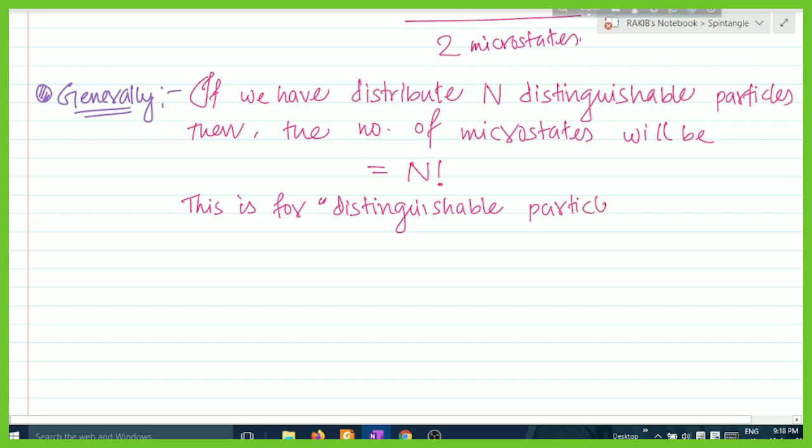As the particles are labeled individually, say you can write them as A, B, C, D, or whatever, up to n particles. Now we can conclude this.